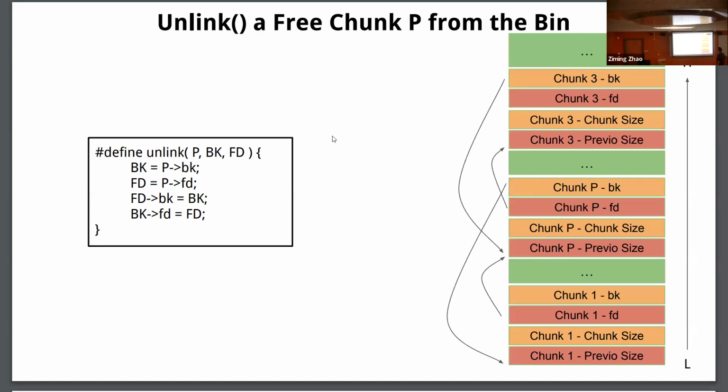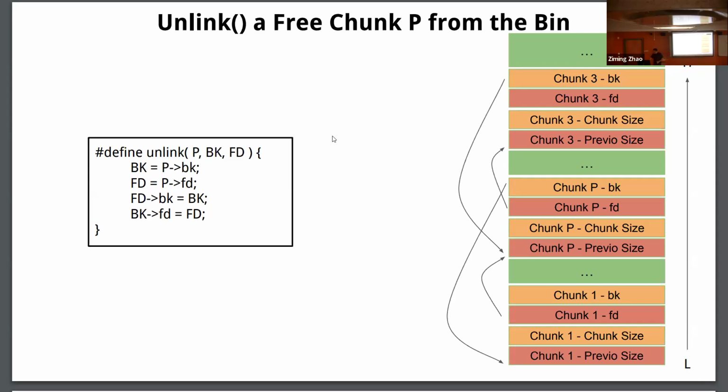Then chunk 3's forward pointer will point to another one, which we're not showing here, but chunk 3's backward pointer will point to chunk P. So this is the structure. And in C libraries, unlink is a macro.